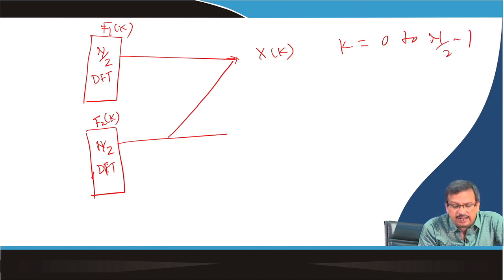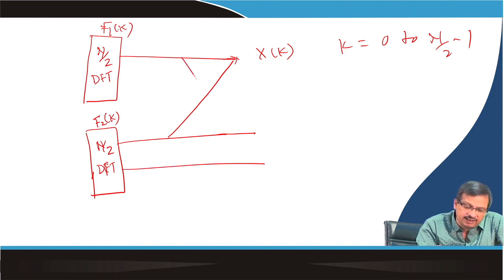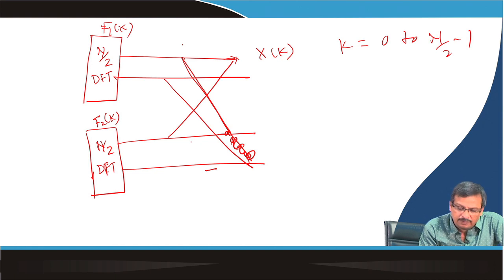But for k plus N/2, this is nothing but F1(k). So, this is a minus 1, let us give it here, not this point. So, I can say minus 1.